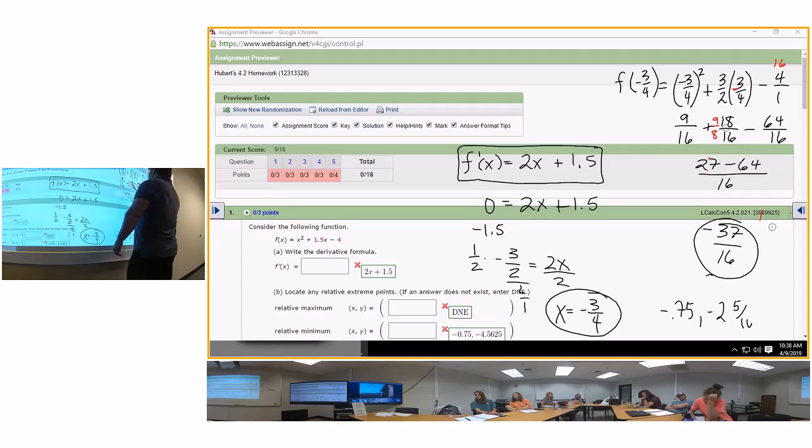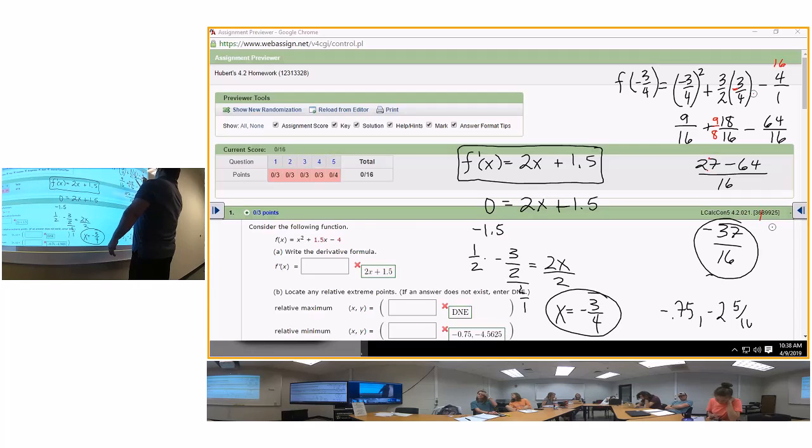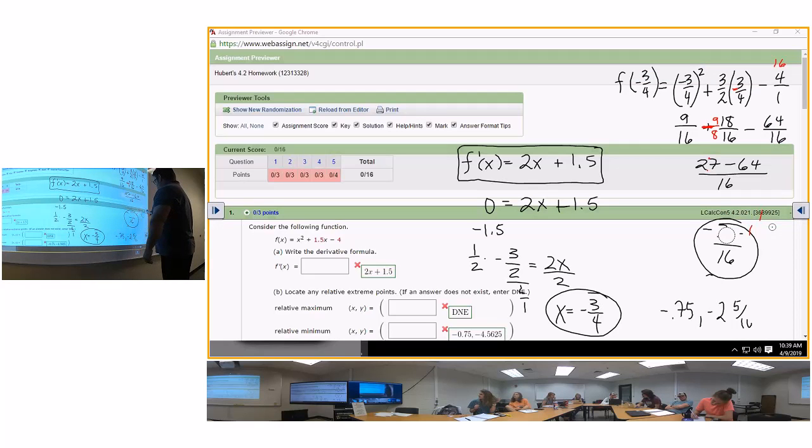Whole class didn't even see it. Okay, so that's going to be negative right here, wouldn't it? So that's going to be 9 minus 18, which is negative what? Negative 9. Negative 9 minus 64 is negative what? 73? Yes, sir. Oh, we just transposed our numbers, that's all.